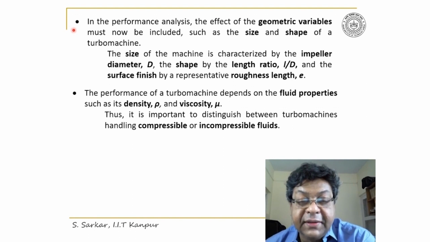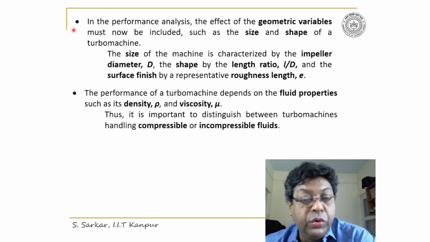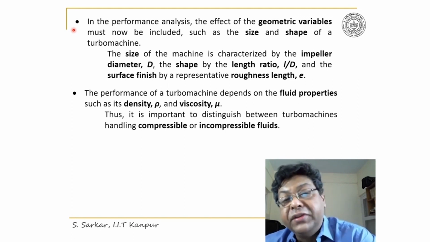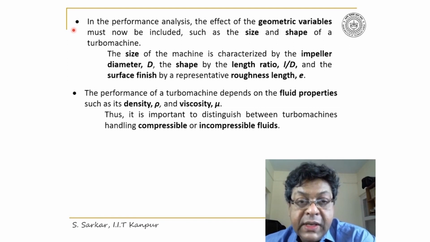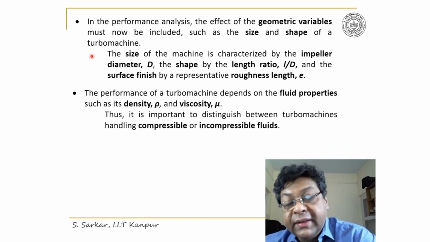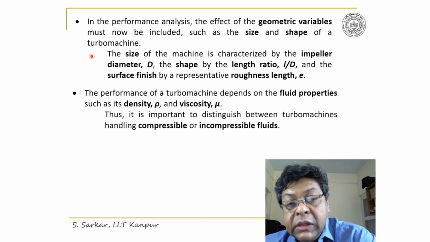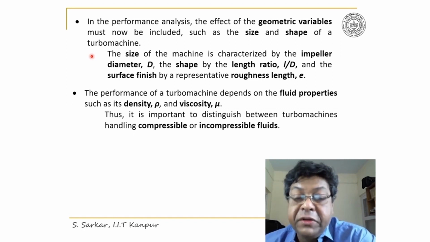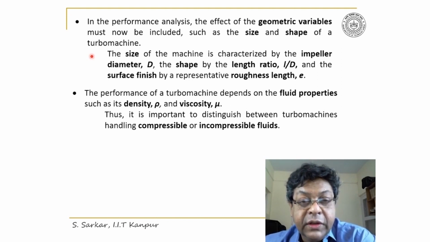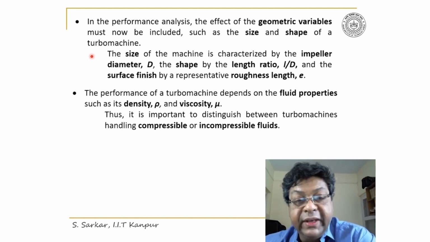In a similarity analysis, the effect of geometric variables must be included, such as size and shape of a machine. Size of a machine is characterized by the impeller diameter and the shape by the length ratio, which is represented by L by D. Furthermore, the surface finish must be considered, which is represented here by surface roughness, small e.